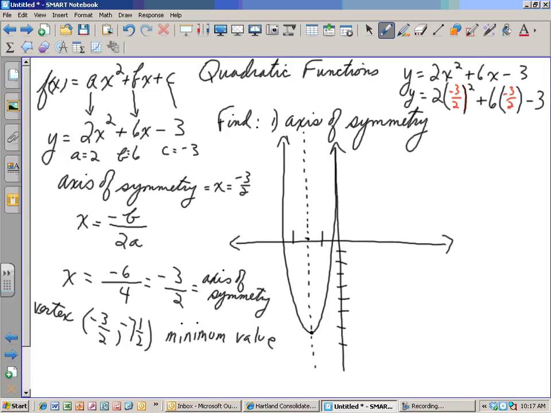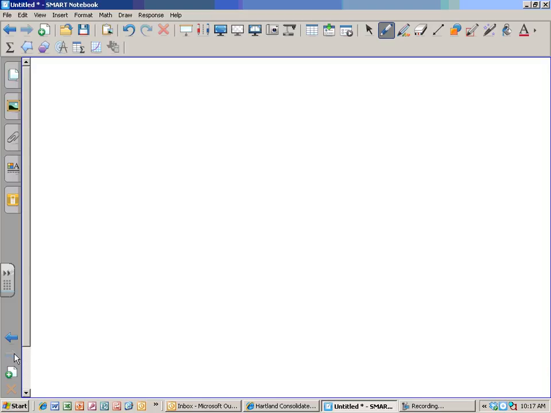Let's do another problem. Basically, this is what your section is all about, this section 10.2. Let's take another couple of examples so we can get an idea. I'll do one that opens upwards, and then one that opens down.